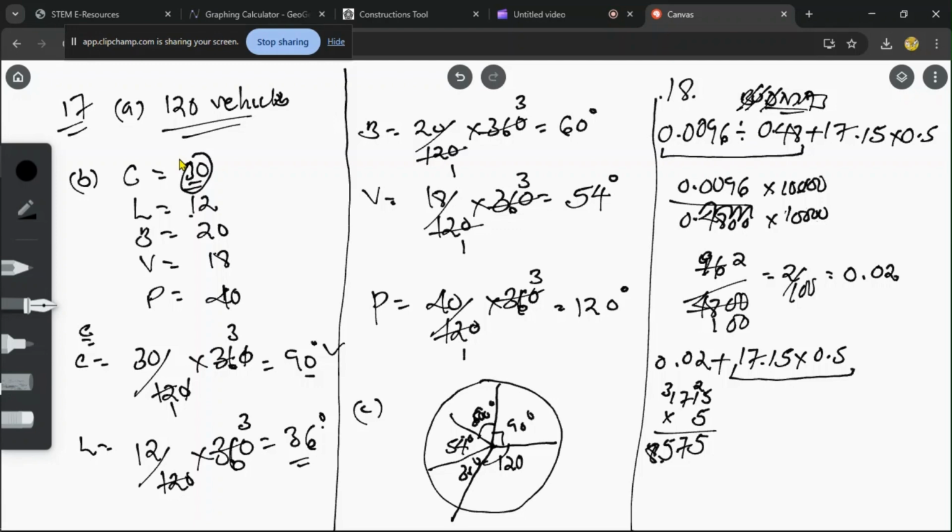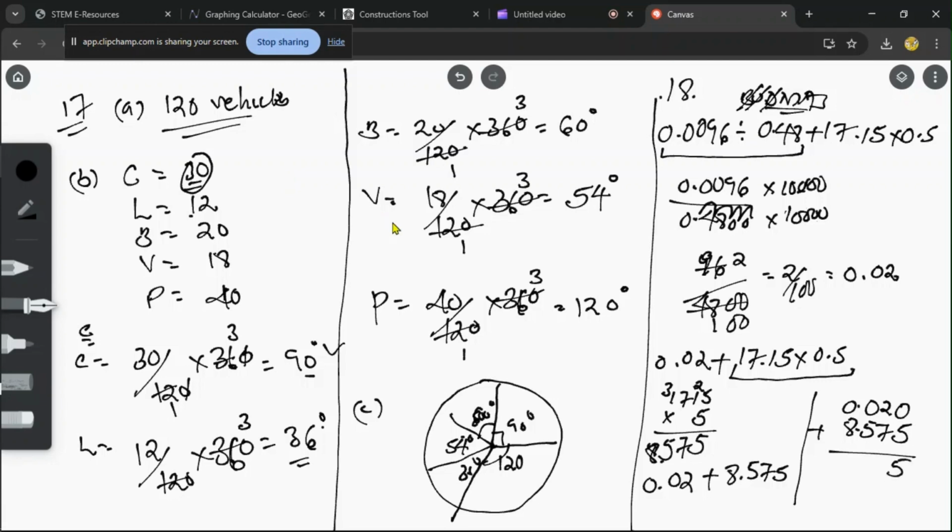So the new sum is this one, 0.02, we are adding 8.575, of which I can be able to work it out. I can come here and say 0.02, adding 8.575. Here I can add a 0, so that we add them together.